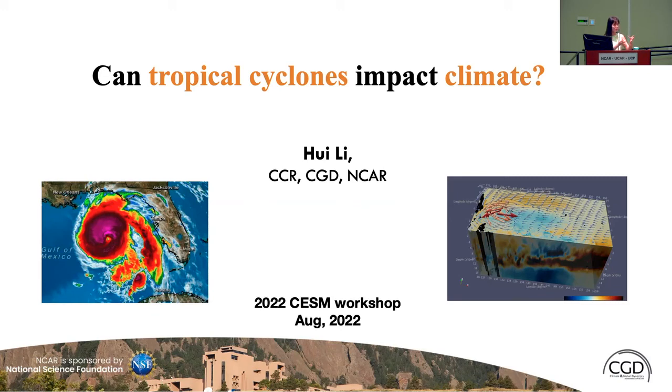These circulations have a much bigger spatial scale than the real tropical cyclones, and their intensity is going to be much lower. For TC, sometimes we define if your surface wind speed is bigger than, for example, 17 meters per second, then you're a storm. But if we use this definition, we won't see much in the 1 degree model. So the resolution is not enough to resolve the strong winds.